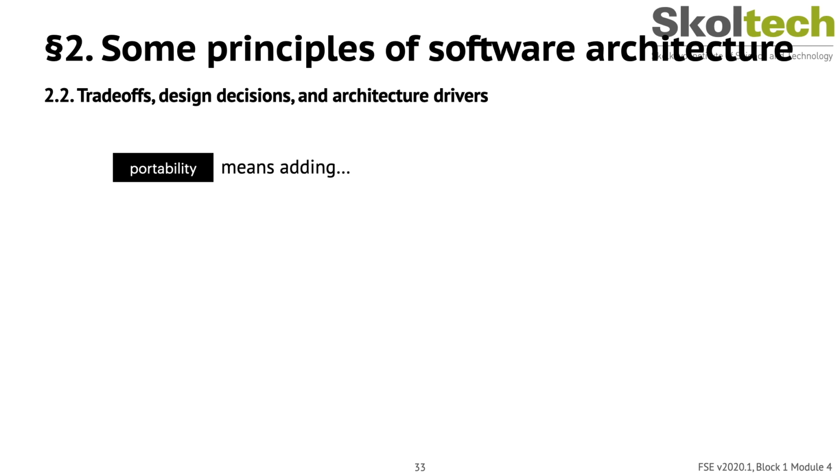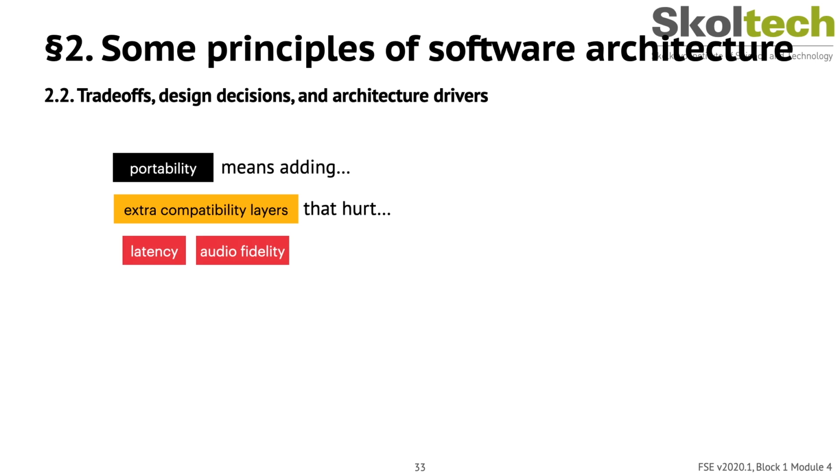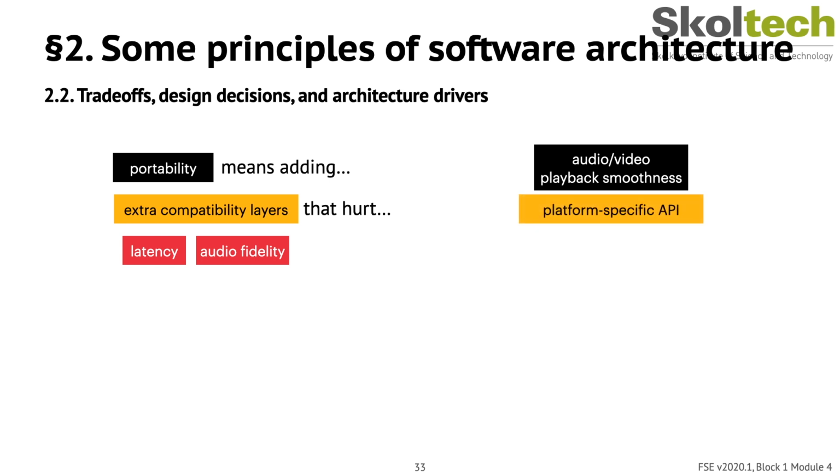Portability usually means adding an extra software layer that provides a uniform interface to different hardware or software platforms. But unfortunately, the new layer increases latency and sometimes hurts the audio fidelity. Since we prioritize playback smoothness, we can code directly to the platform-specific APIs, knowing that this will make portability more difficult. So clearly, there's a trade-off.